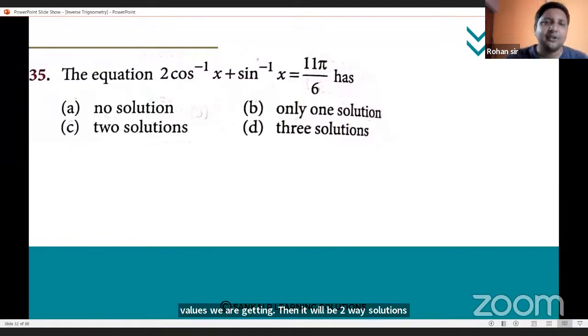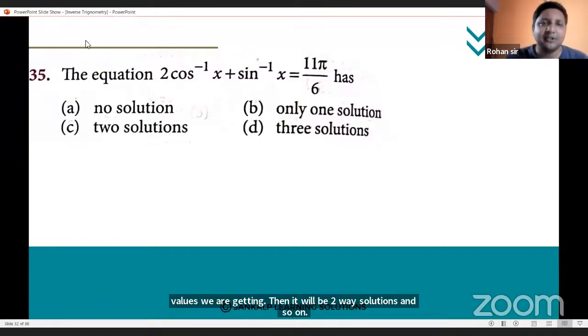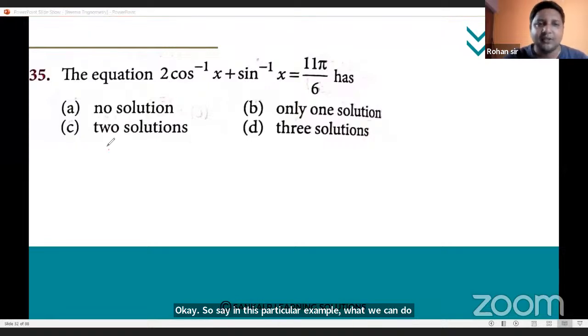Okay, so in this particular example, just by making use of the formula, see what we can do. Two cos inverse x, I can write as cos inverse x plus cos inverse x. So we are splitting it as cos inverse x plus cos inverse x plus sine inverse x is equal to 11 pi by 6.